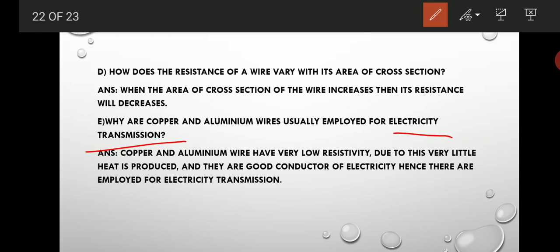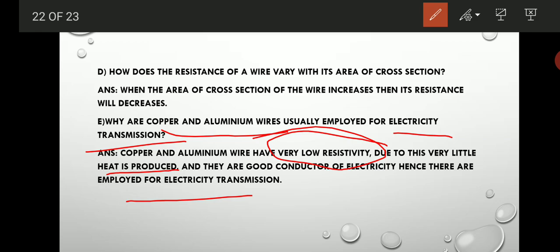In that case we use copper and aluminum because they have very low resistivity, very little resistance, and due to this very little heat is produced. Also they are good conductors of electricity, hence they are employed for electricity transmission.